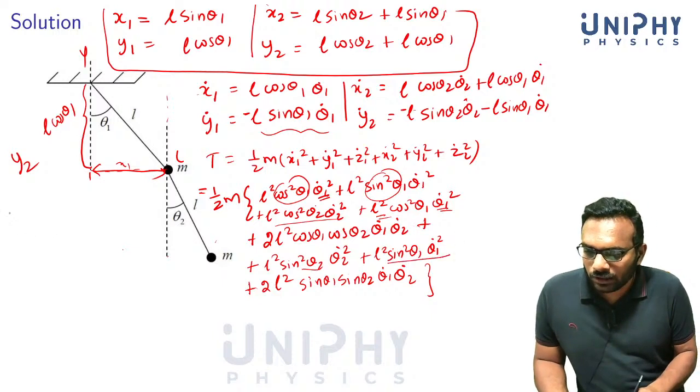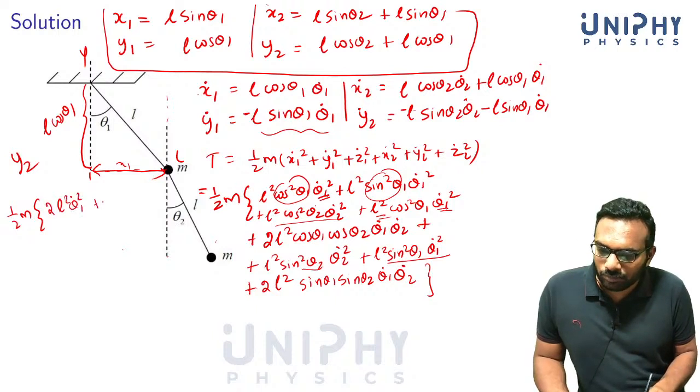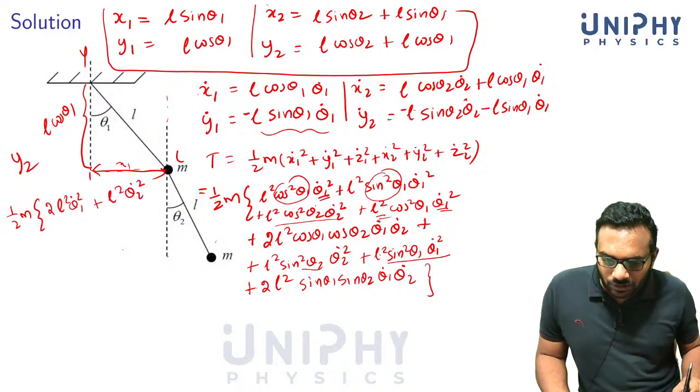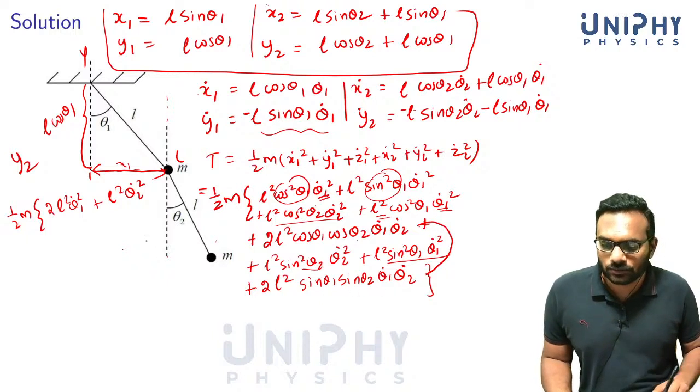So that would be twice L square theta 1 dot square. Half m stays here. So there is this twice L square theta 1 dot square, plus there is also this once L square theta 2 dot square. Okay. Now, in order to combine these terms, if you look at these terms, it's cos theta 1 cos theta 2 plus sin theta 1 sin theta 2.